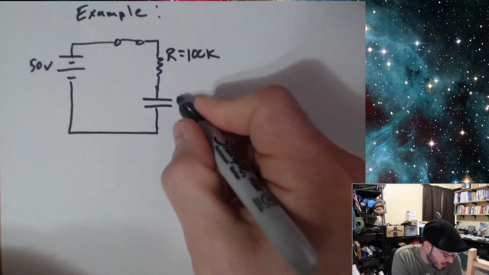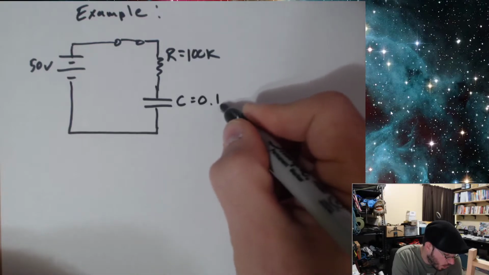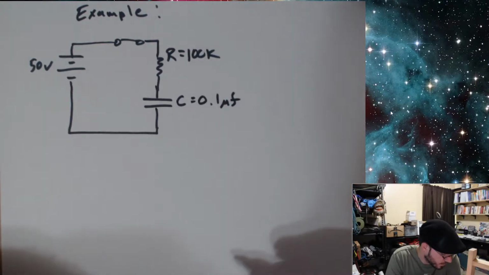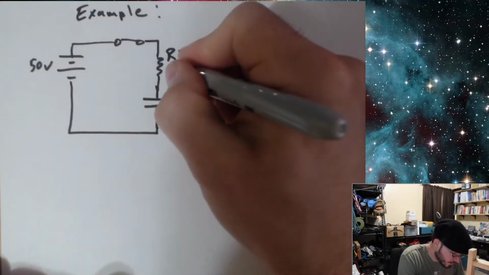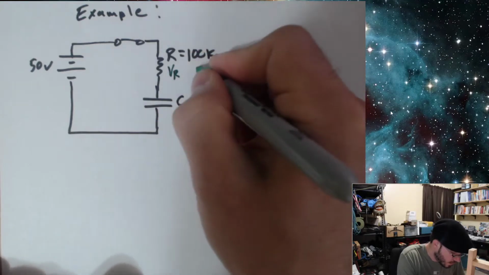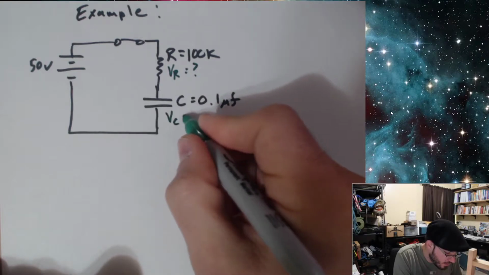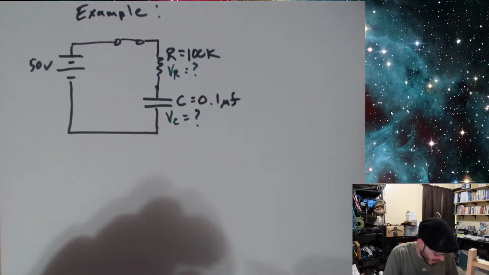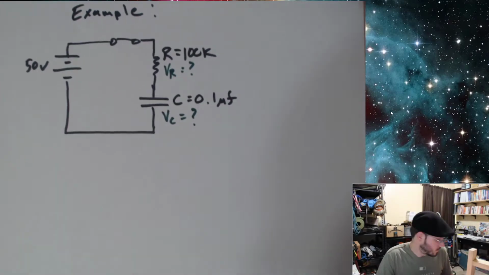Give ourselves a cap here. We're going to need a capacitance value, 0.1 microfarad. And we're going to want to know what V sub R will be equal to at some time and what V sub C will be equal to at some time.